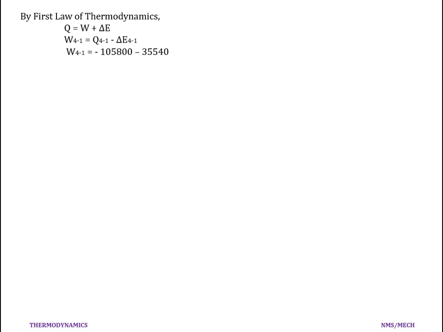W for the process 4 to 1 equal to Q value, calculated as minus 1,05,800, and delta E value calculated as 35,540. So by making the calculation you get the value of work output for the process 4 to 1 as minus 1,41,340 kilojoule per minute.